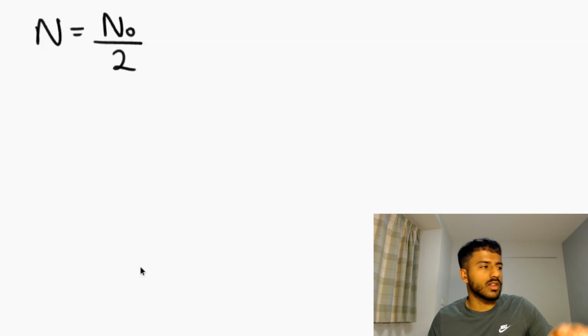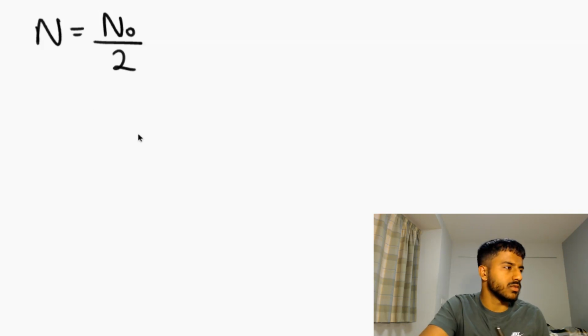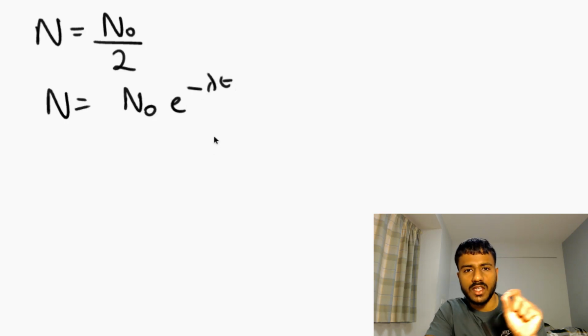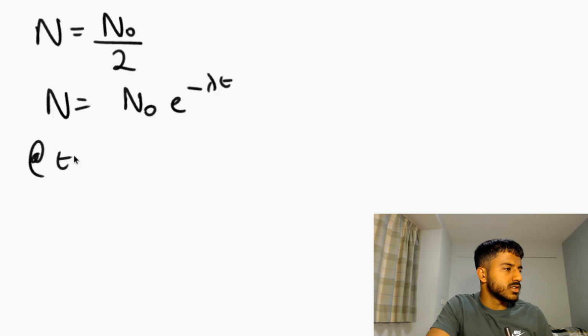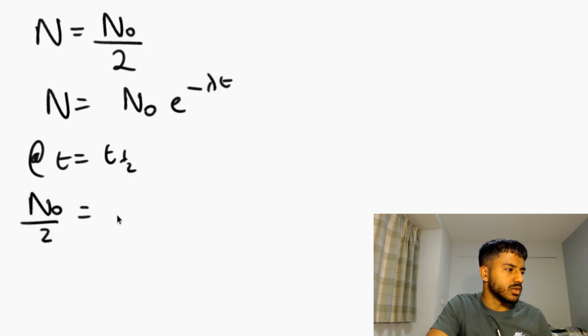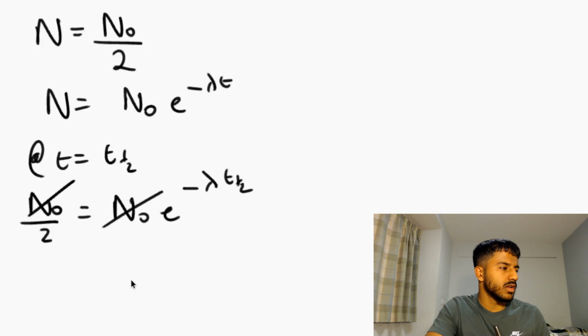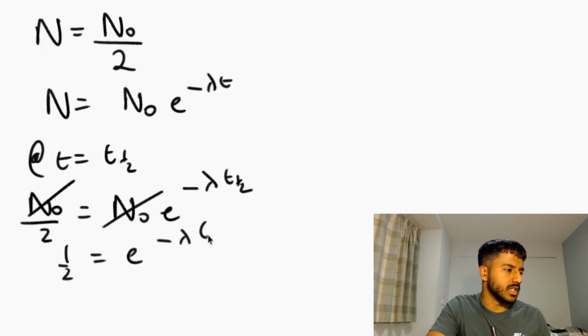So let's actually plug that into our decay equation. We know that N is equal to N naught e to the minus lambda t. At t equals T half, N naught over 2 is going to be equal to N naught e to the minus lambda T half. Now we can cancel these. So we get a half is equal to e to the minus lambda T half.